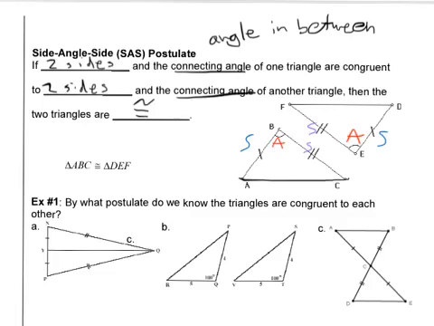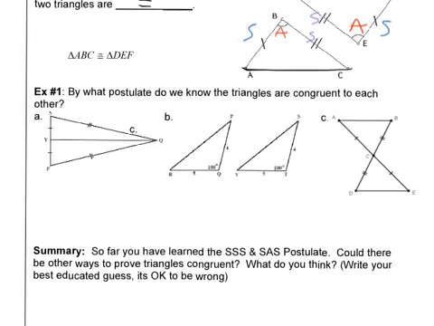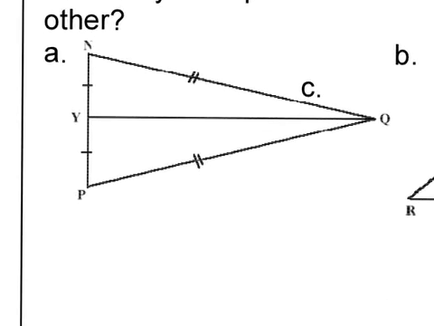Okay, so let's take a look at this one. It says, by what postulate do we know the triangles are congruent to each other? Well, let's take a look. How do we know that this is congruent? I see I have a side and a side, so I'm going to go side, side. And then over here, I have another side and another side.